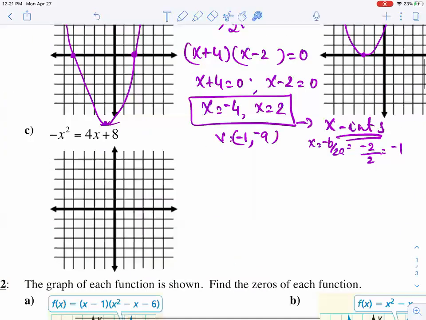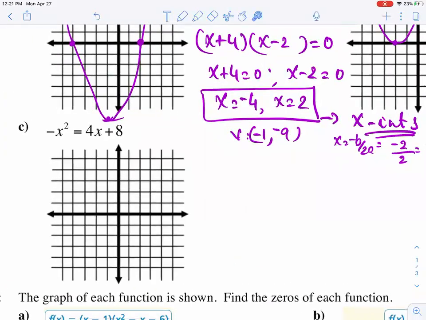Let's do another graphing. -x² = 4x + 8. You want to make one side 0. Let's add x squared to both sides and make this side 0.